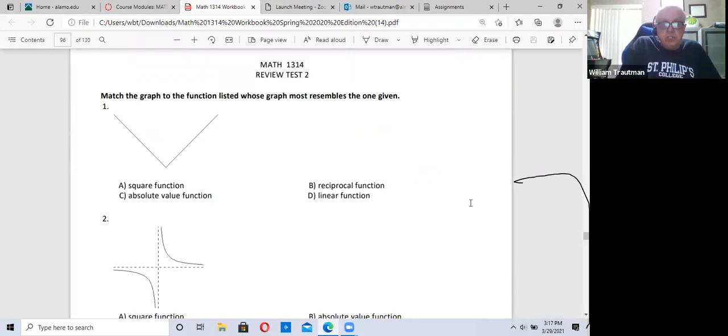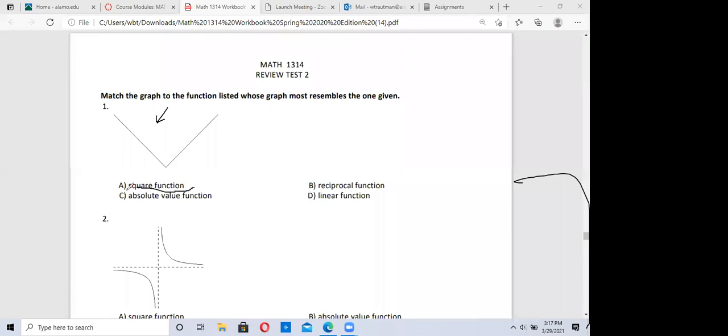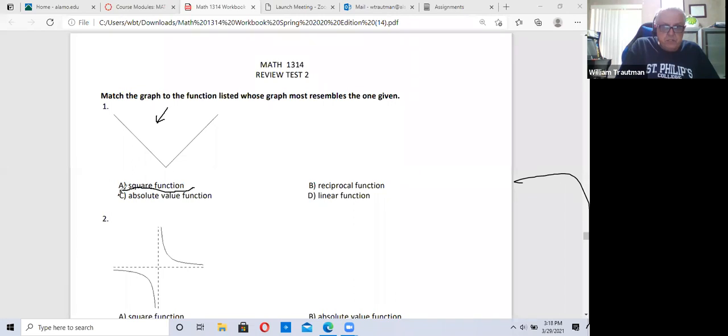So it says which one of these is the shape of this, and that is an absolute value function. C. If your graph looked like this, that's the square root function.